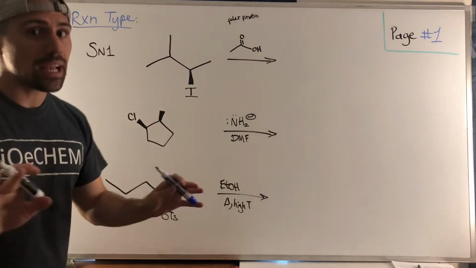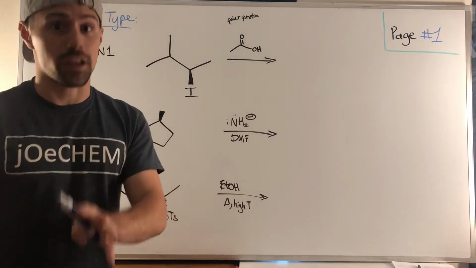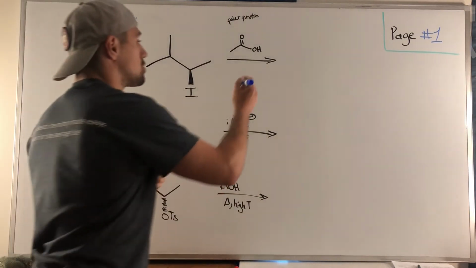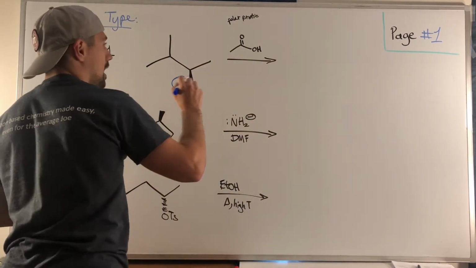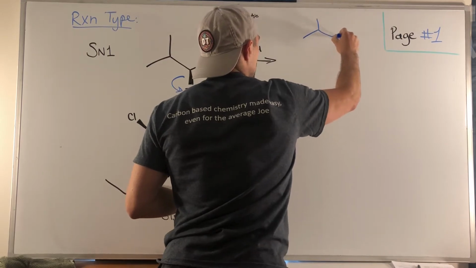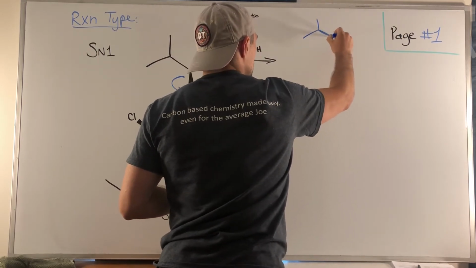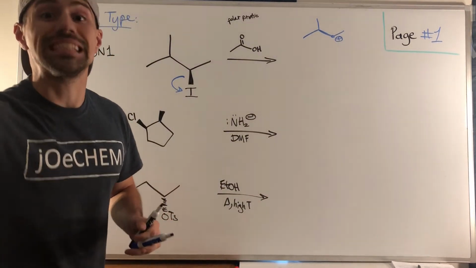So since we're doing SN1, remember, we're creating carbocations, so we are subject to shifts. I think the very first thing we should do is draw our initial carbocation, which after iodine leaves, iodide, we have this secondary carbocation right here. So can this carbocation improve itself? The answer is yes.